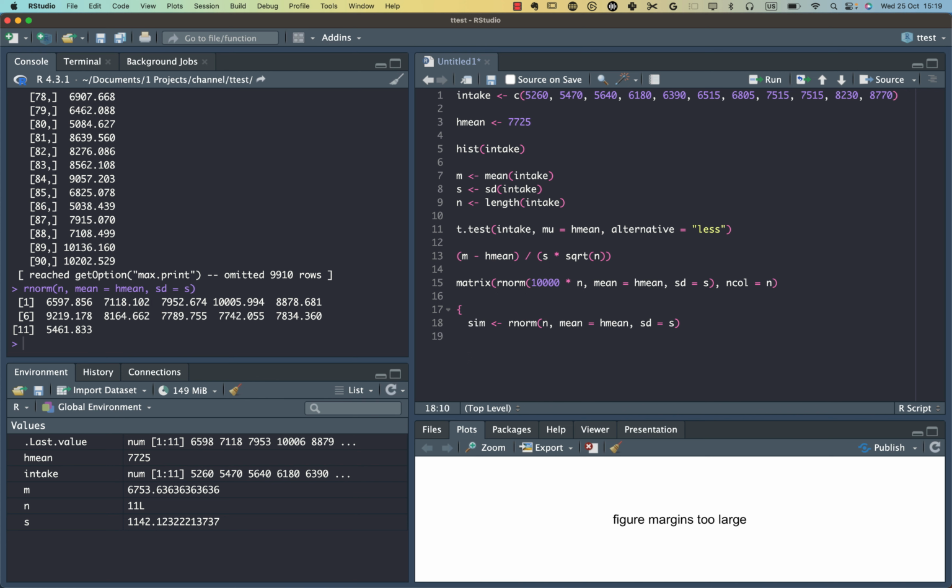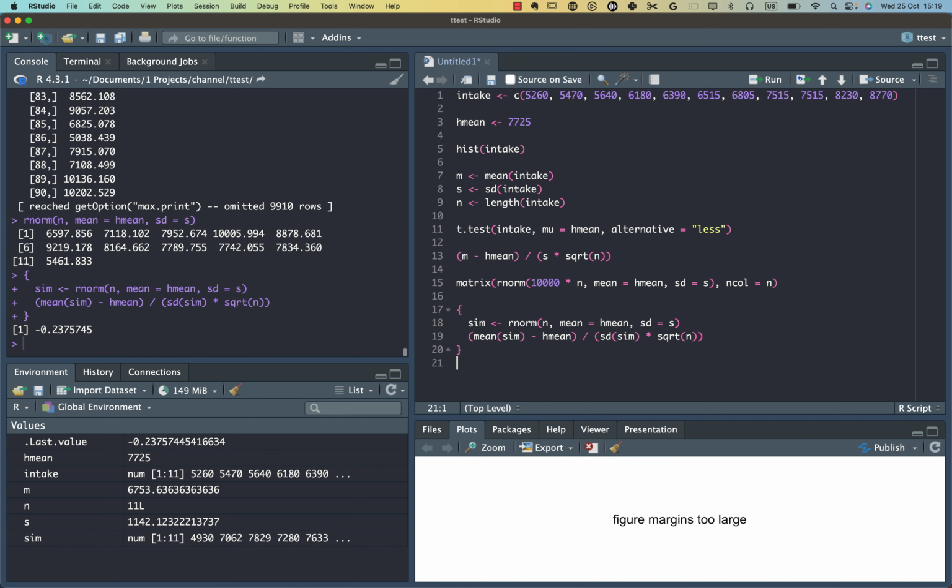I'm going to call this sim, and then the t statistic is simply mean of sim minus h mean divided by the standard deviation of the simulated values times square root of n, close the curly brace.